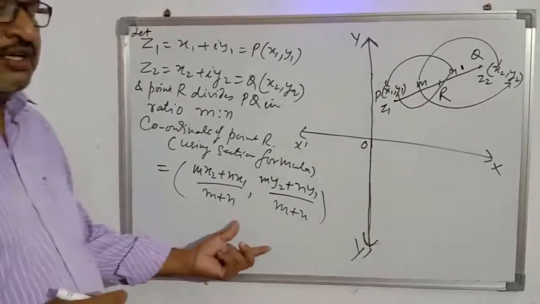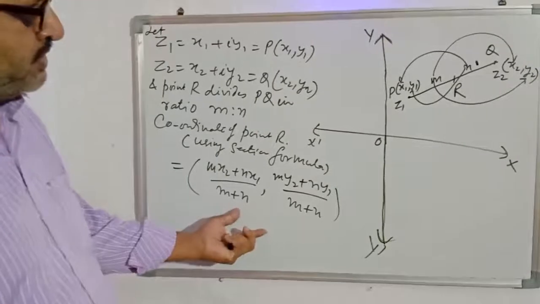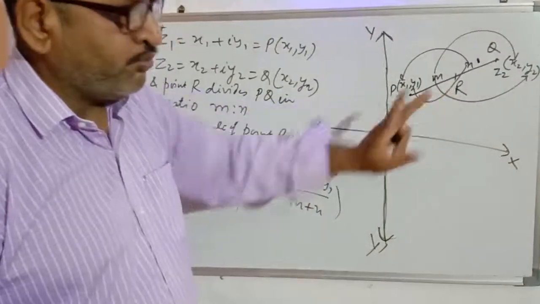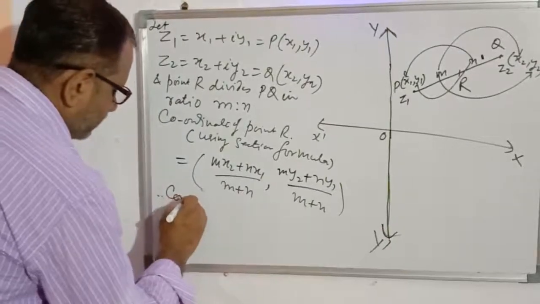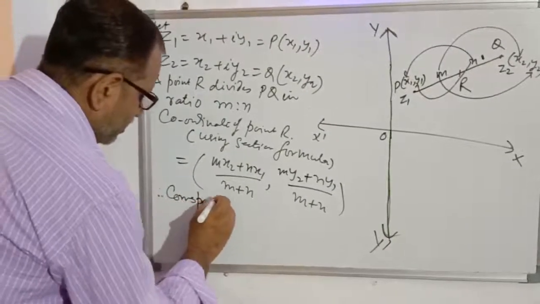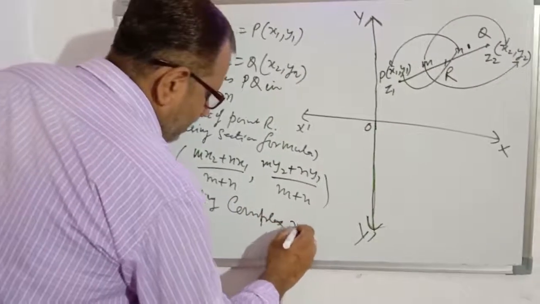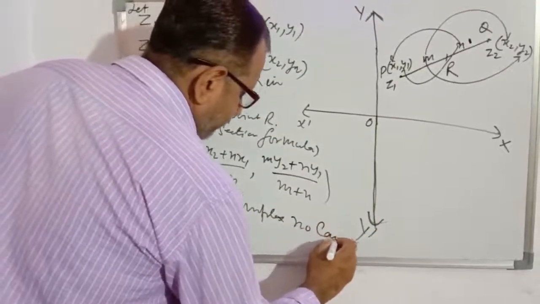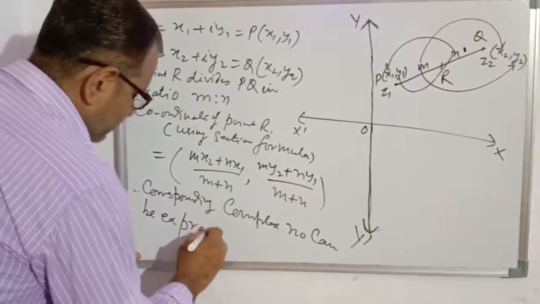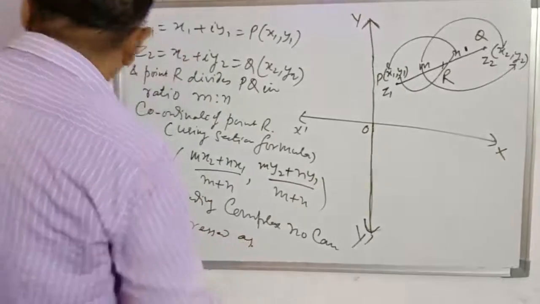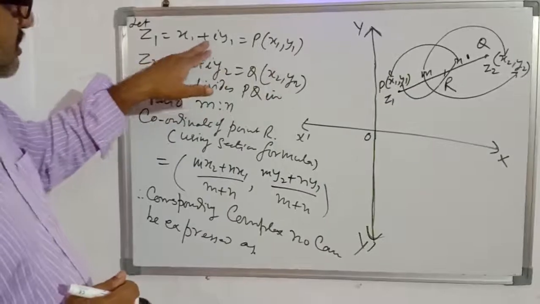What will be the corresponding complex number represented by the point R? If the ordered pair is x1, y1, the complex number is x1 plus i y1.